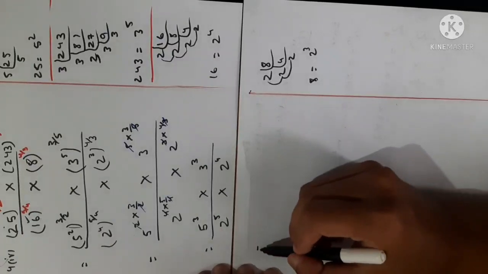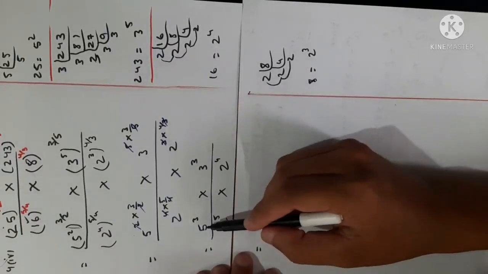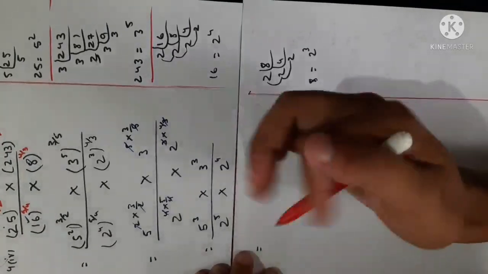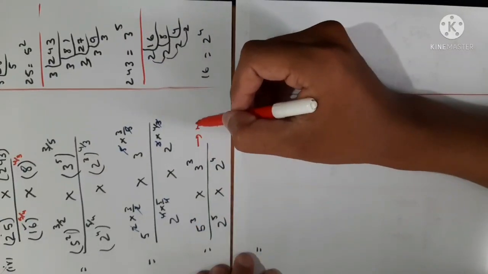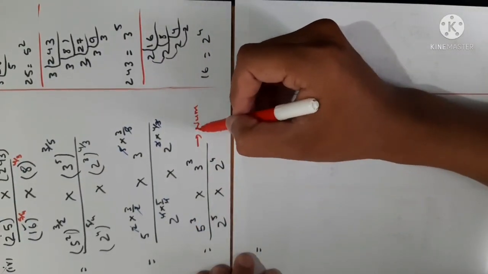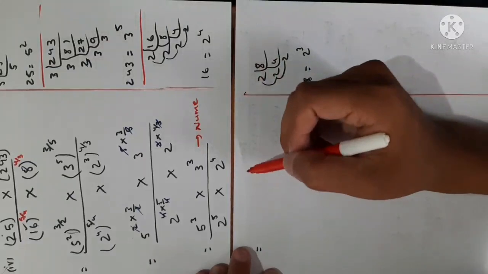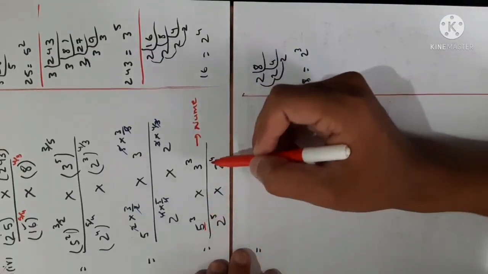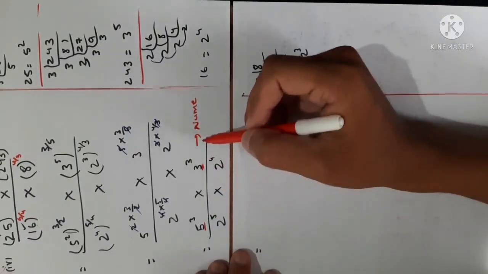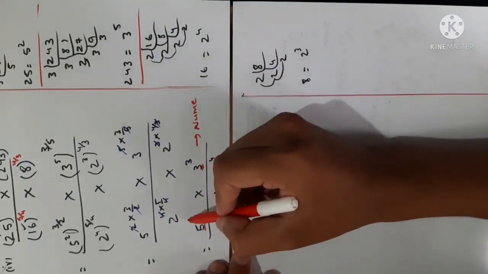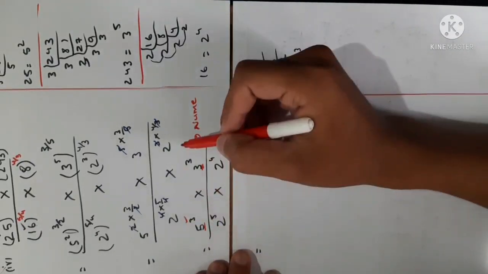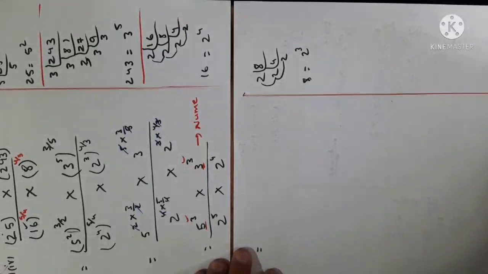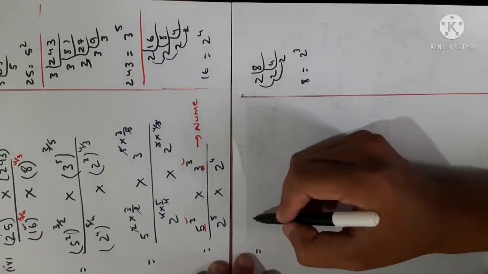So here we see in the numerator, this is base 5 and this is base 3, so the bases are different, but look at the exponent, here also exponent 3, so they are the same exponent. So what should we do?